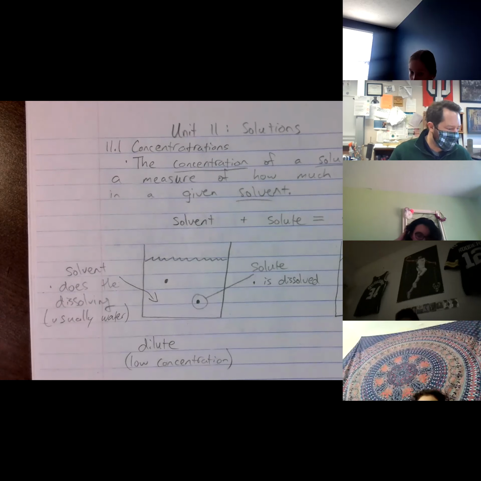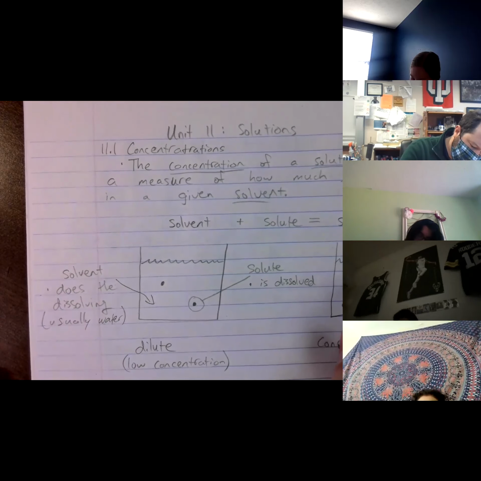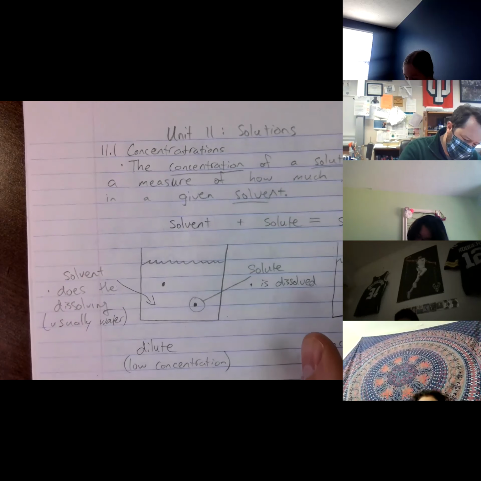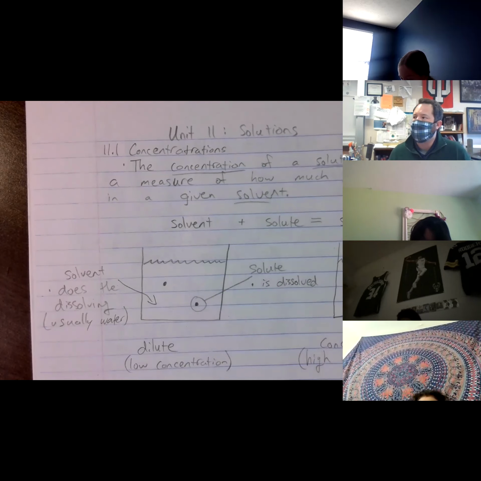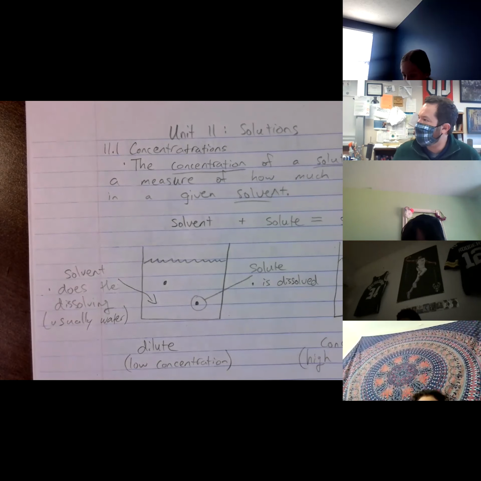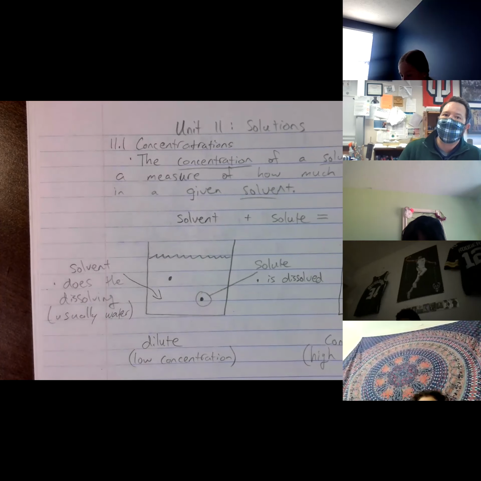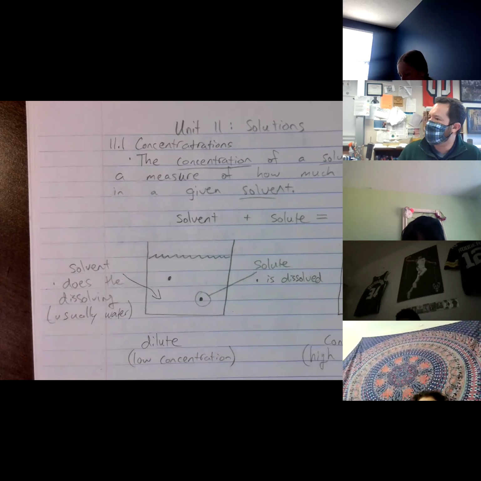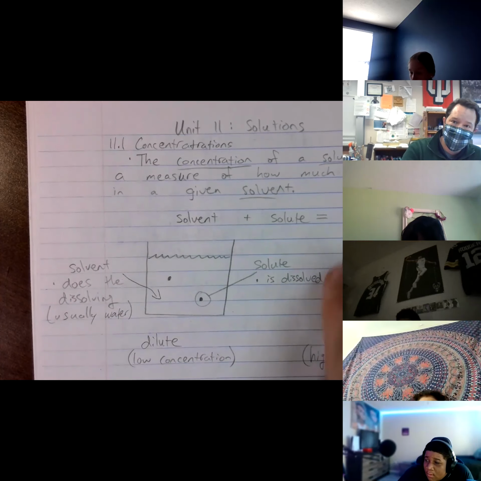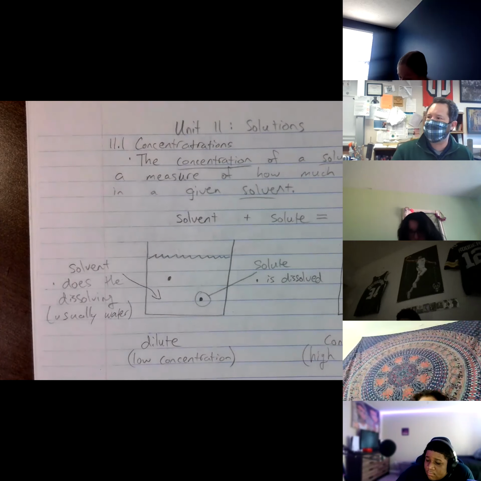You guys hear the term dilute from time to time, and we also have concentrated, which means a high concentration. Lots of dots, lots of solute per solvent. And you guys will hear these terms pretty often, so just so that you are familiar with them. Dilute means there's not very much salt in there. Concentrated means there's a ton of salt in there.